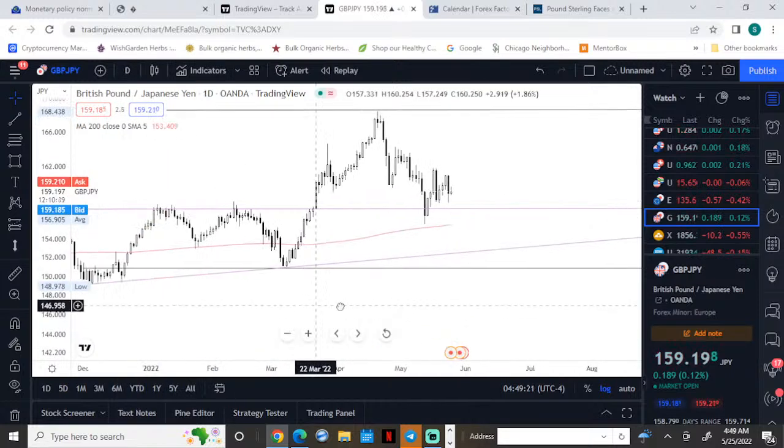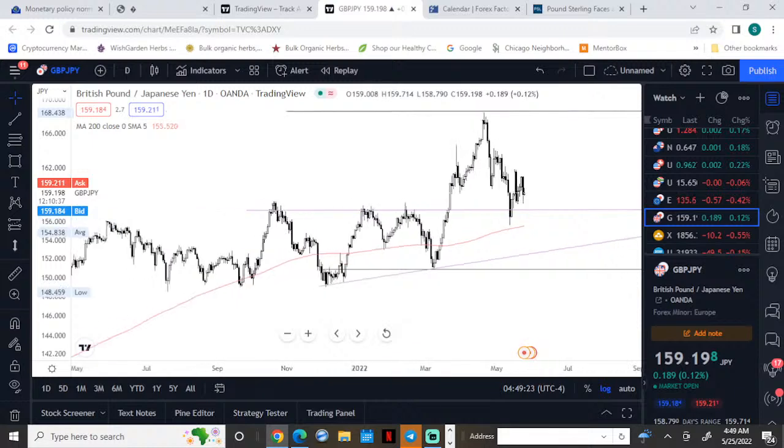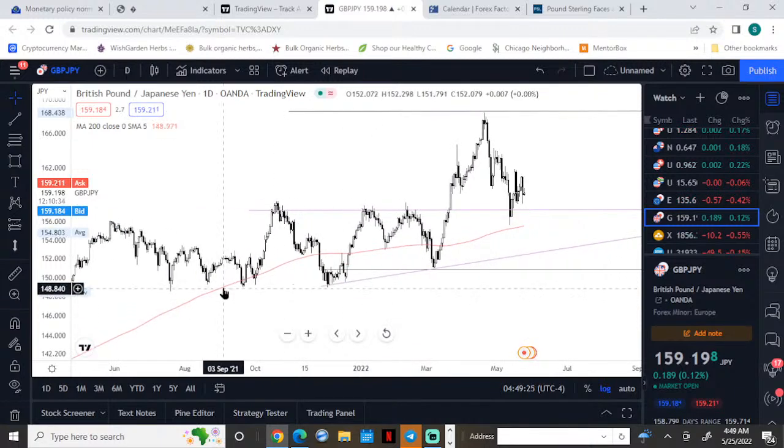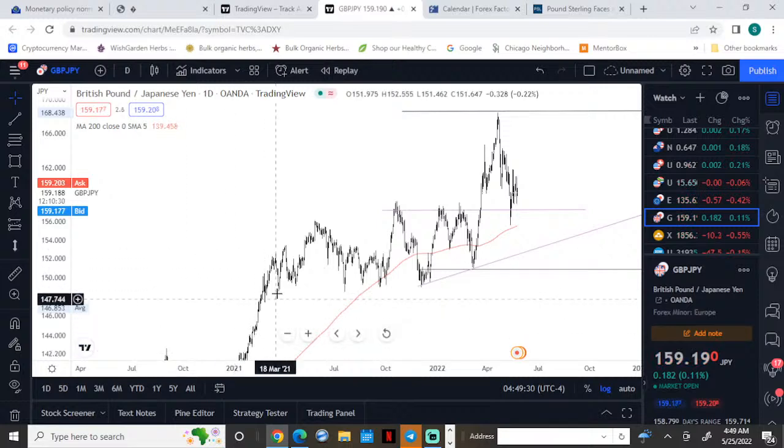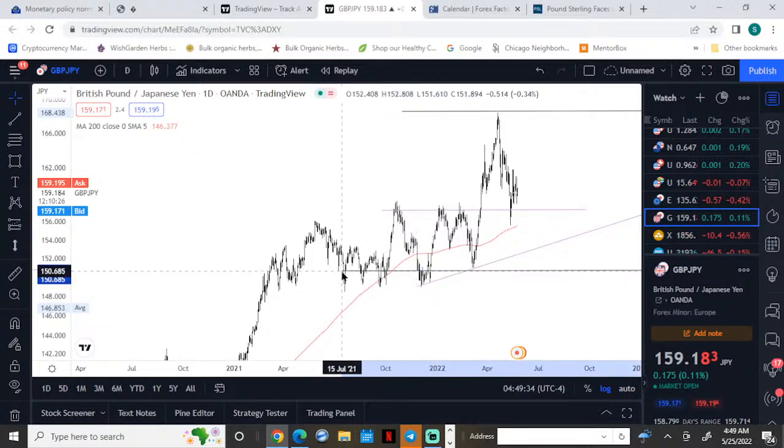And what do we have on the daily? So as you can see on the daily, price came up. It traded between this zone. Straighten my line. There we go.